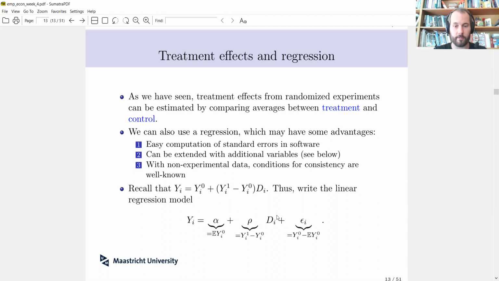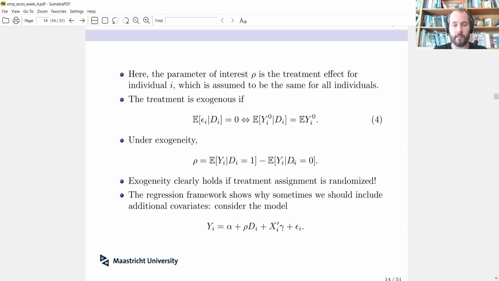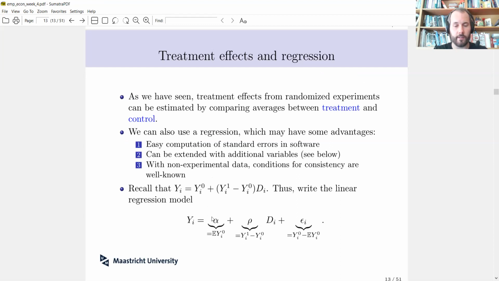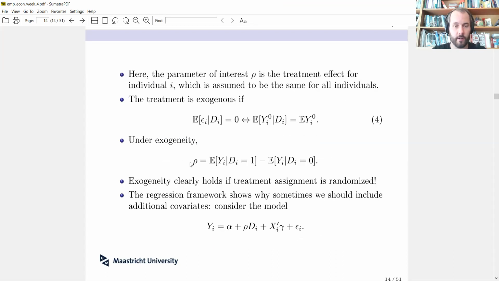So we get alpha plus rho minus, and here di is equal to 0, and there we only get alpha. So we get alpha plus rho minus alpha, which is rho. So indeed, on the population level, our treatment effect is again measured as the average outcome in the treated versus the average outcome in the non-treated.